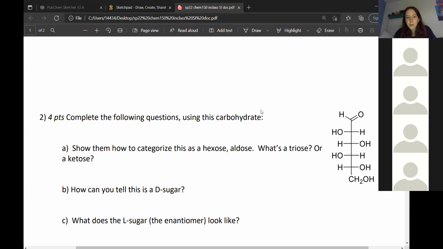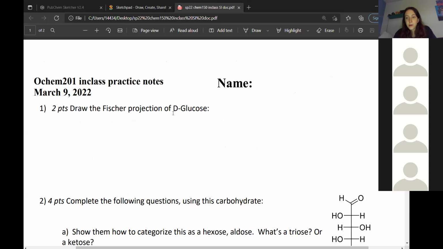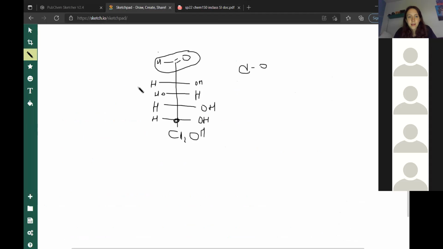Is everybody okay with carbohydrates? I would suspect on the quiz, maybe a drawing of glucose, but possibly an L-glucose. So again, the exact one that I drew before, but this OH on the bottom would be on this side if it was an L. So those 2 would be switched.